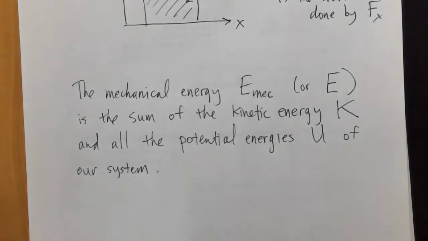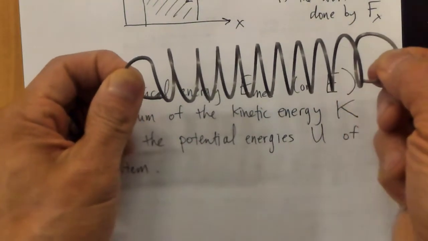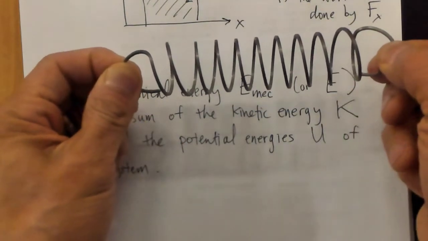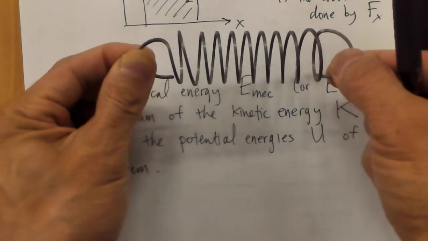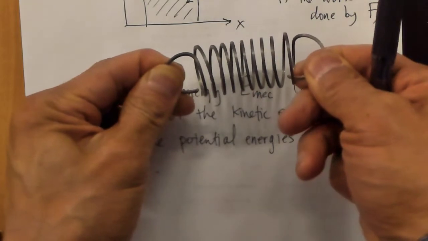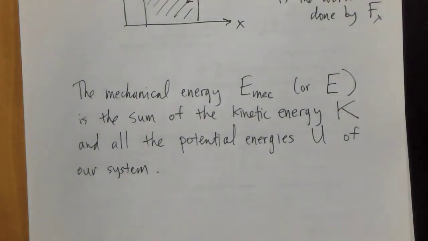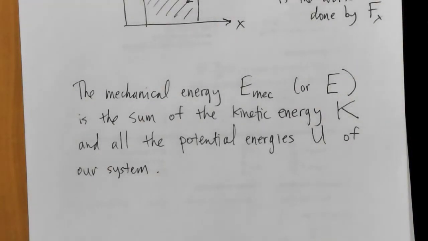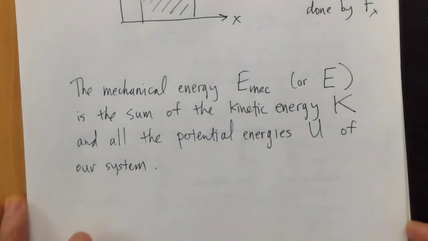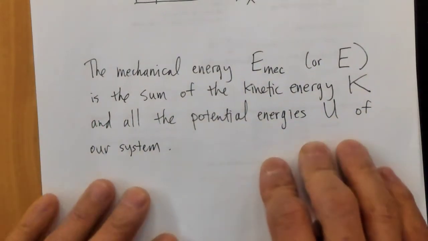And then we said for the spring, we could also do the same thing. We called x the amount of displacement from the relaxed position of the spring. It could be positive when you stretch it, or negative when you compress it. And in that case, the potential energy for the spring was 1/2 times k, where k is the spring constant, times x squared. So these are the types of potential energies I'm talking about here.